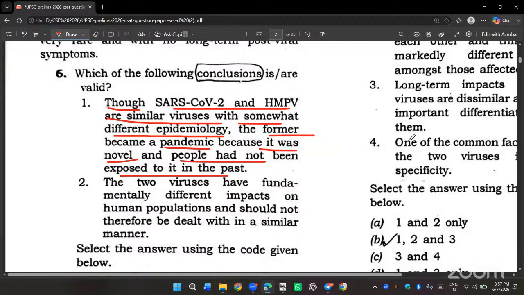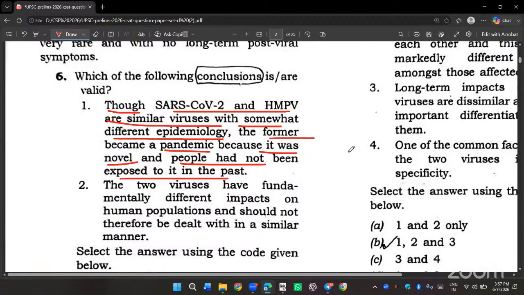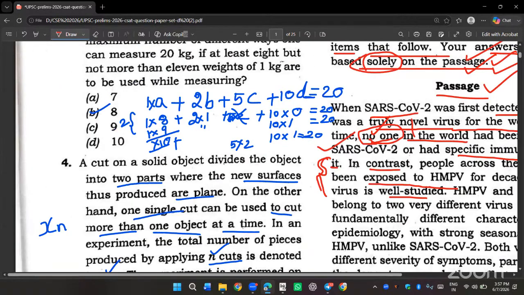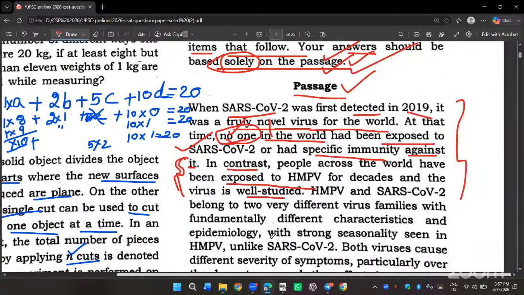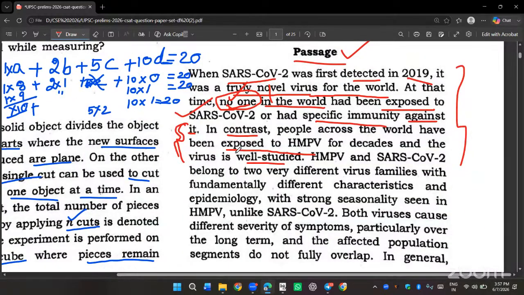Okay, now you go to the passage. Very important. In those days, the teachers taught like this. Read the question, choices, then come to the passage. While coming to the passage, I used to leave these words. I referred only this.